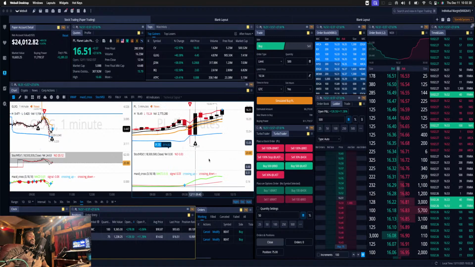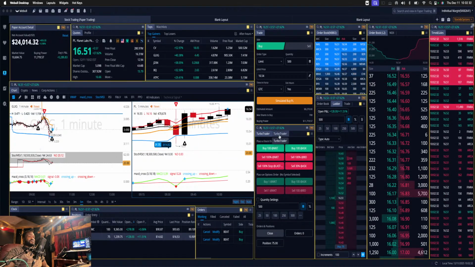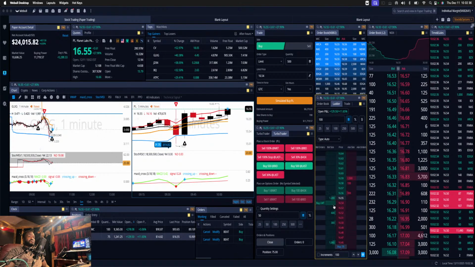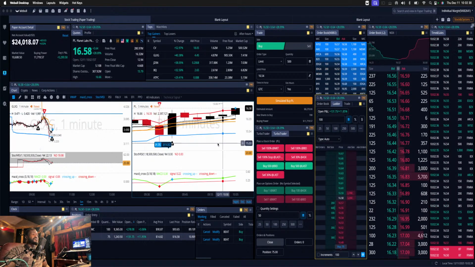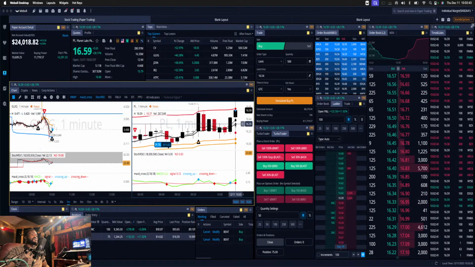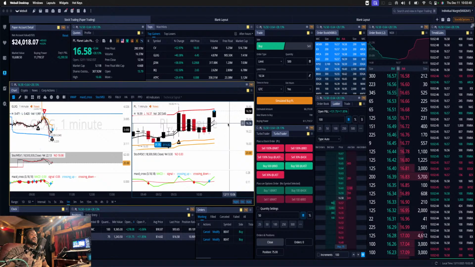This PL is working, so how about we add 100 shares? It's working, so let's see, where is a good spot to get back in at? On the 5-minute chart. See, on the 1 minute. All right, 1636.